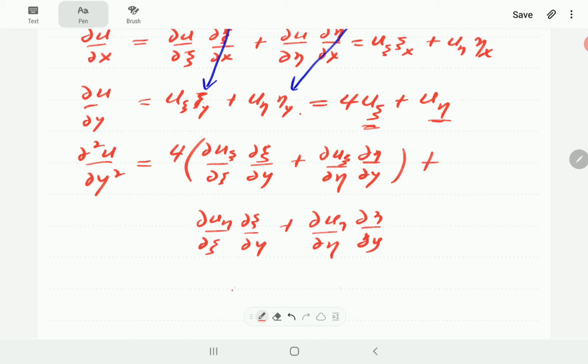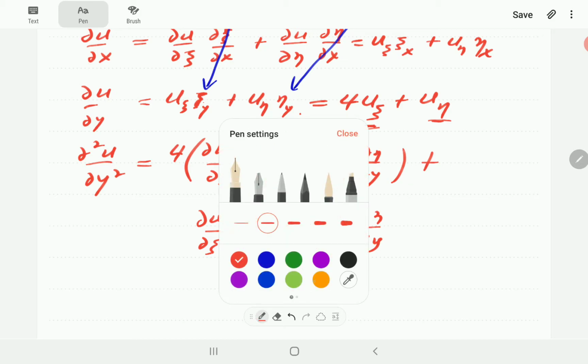Okay, then again remember eta y is 4. We've just done it here. So eta y is 4.